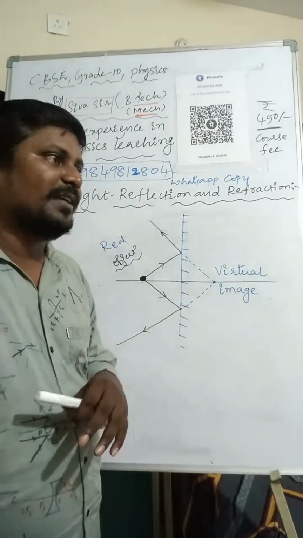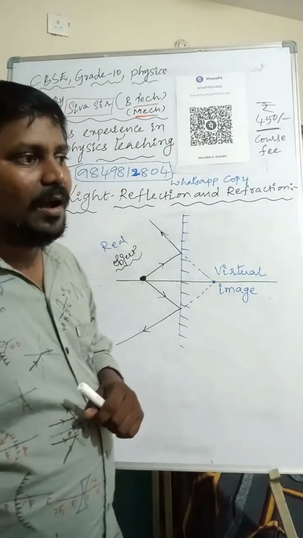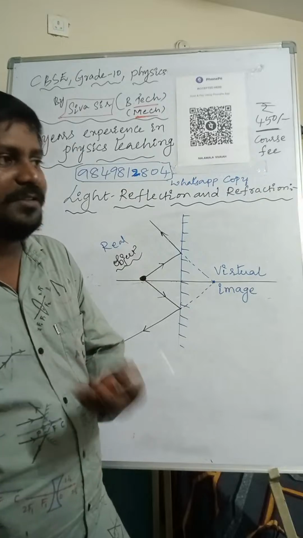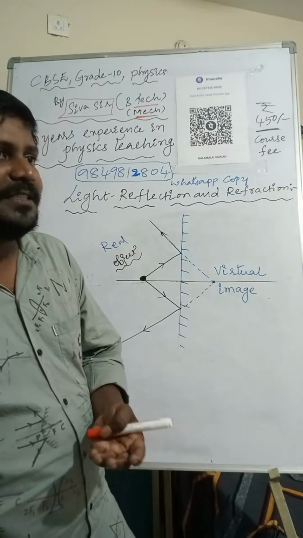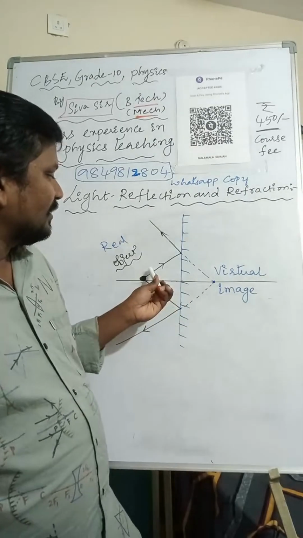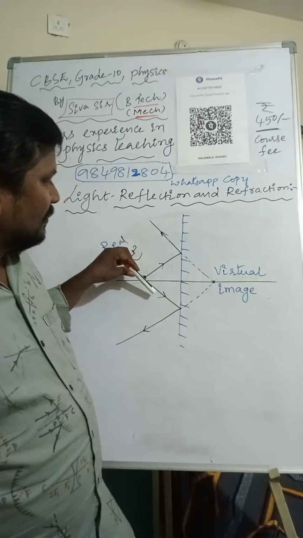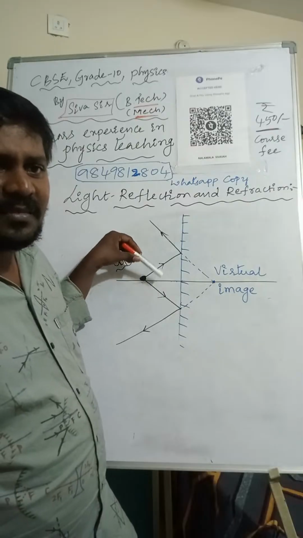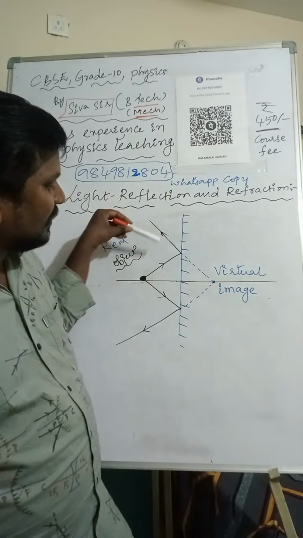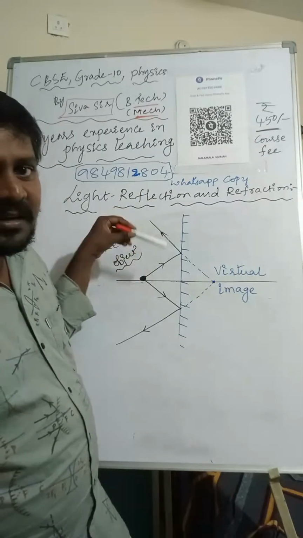Here you have to understand one thing: how the real object and how the virtual image will be. Real object means the point of intersection of incident rays. Here you can see these two are incident rays. But these are reflected rays.